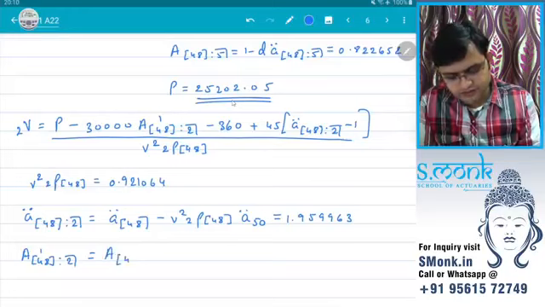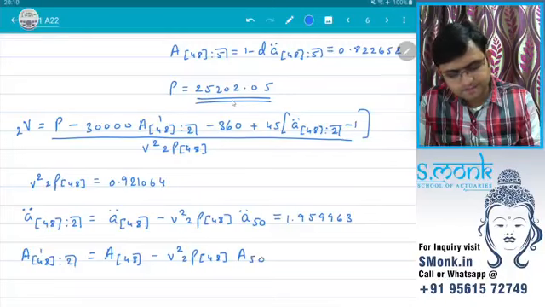A select 48 for 2 years is A select 48 minus v raised to 2, 2p select 48 times A 50.